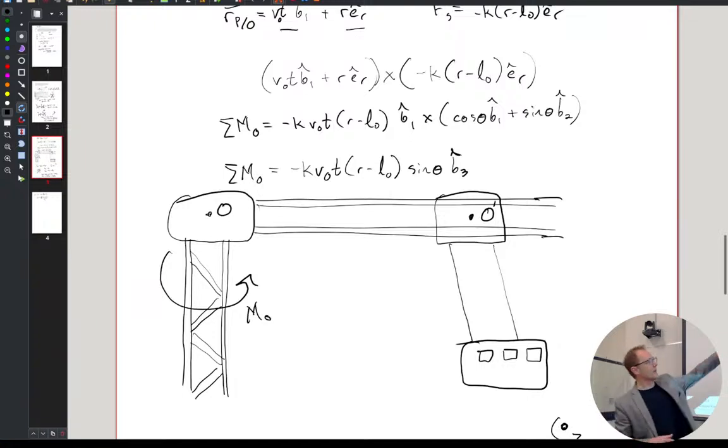Sometimes it's 0. If theta is 0 or 180, then yeah, now we have no torque because the spring is in line with our support structure. But most of the time, when theta is not those, like 90 degrees, now we have largest torque.